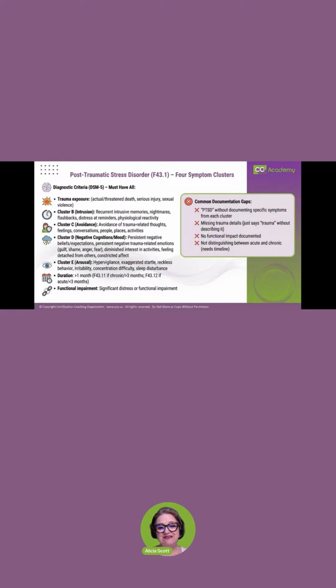Cluster C is avoidance. The patient is avoiding trauma-related thoughts, feelings, conversations, people, places, activities. Now, cluster D is negative cognition and mood: persistent negative beliefs or expectations, persistent negative trauma-related emotions like guilt, shame, anger, fear, diminished interest in activities that they usually enjoyed, feeling detachment from others.